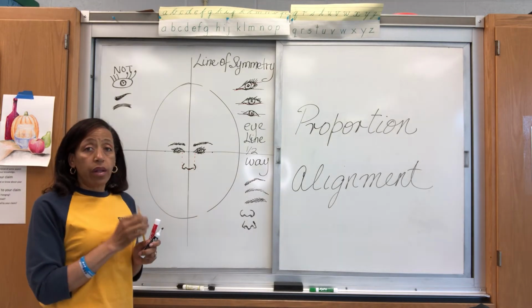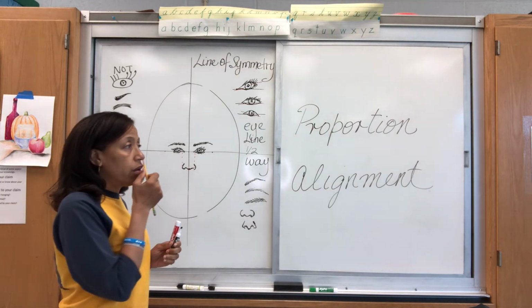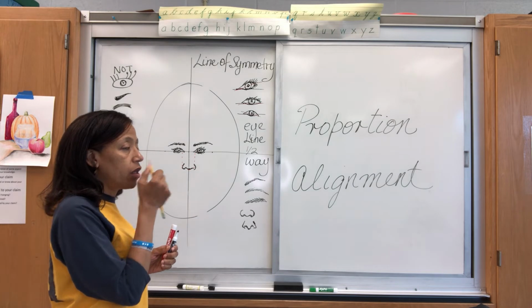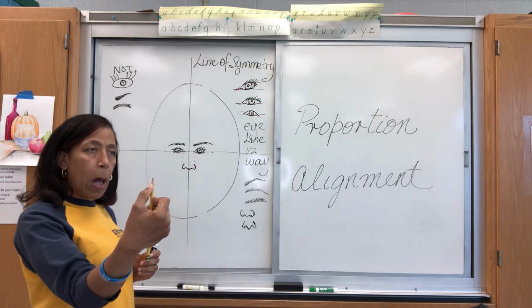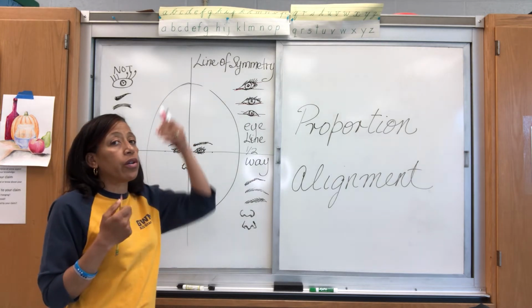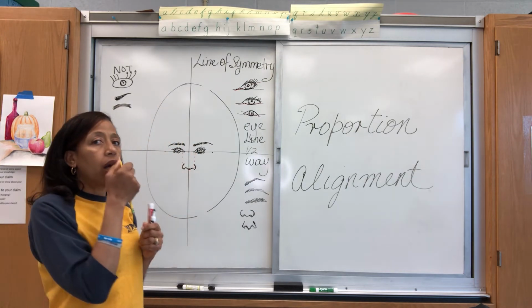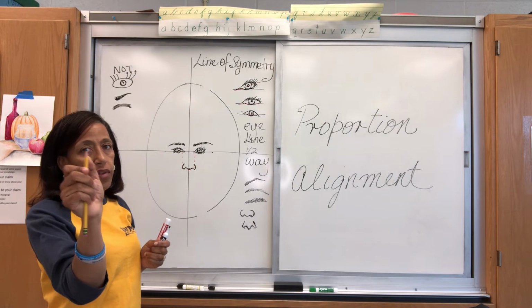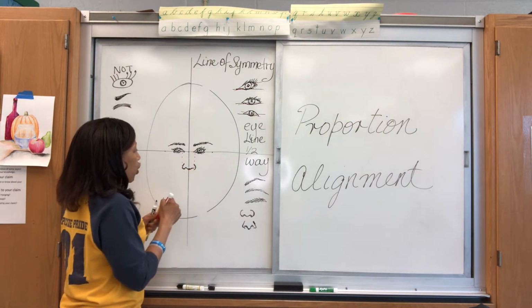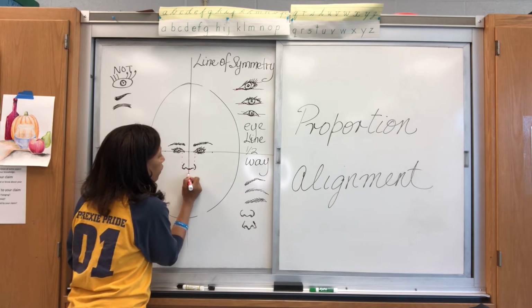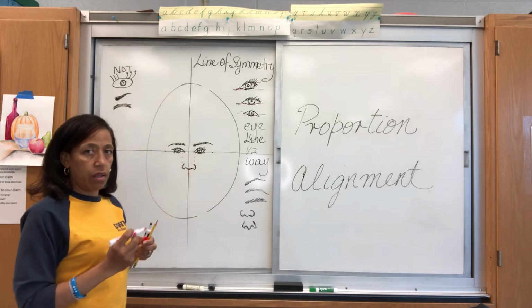So then the lips are right under the nose. You can measure from the tip of the nose to the top of the lip. Some people have a really tiny space. A lot of older gentlemen, especially when they're tall, they have a long lip. But mine is very short. I'm very short also. There we have it. So you measure this and you put your guideline, the distance from the lip to the nose.